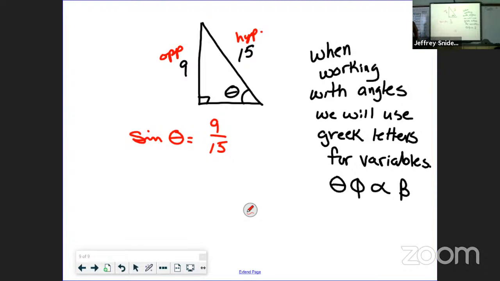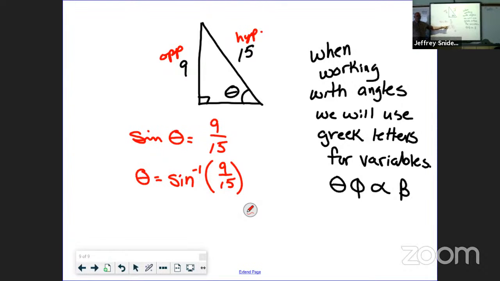Now, when I want to find the angle, you will see me write this two different ways. One would be this. Theta is equal to this. So let's think about it. I used sine when I was finding a missing side.